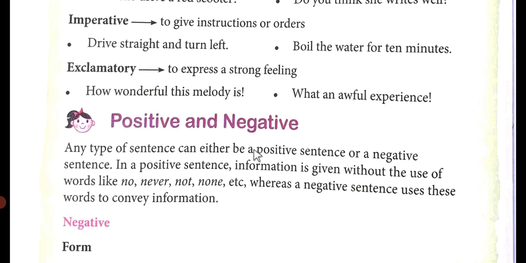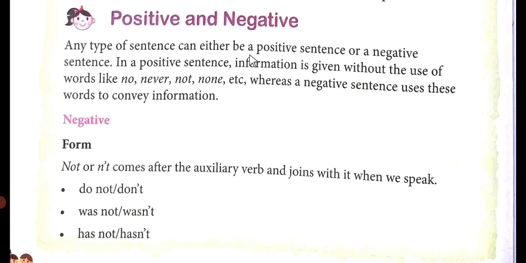So, next we move to positive and negative sentences. Any type of sentence can either be a positive sentence or a negative sentence. In a positive sentence, information is given without the use of words like no, never, not, none, etc. Whereas a negative sentence uses these words to convey information.